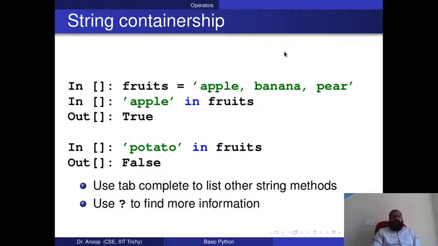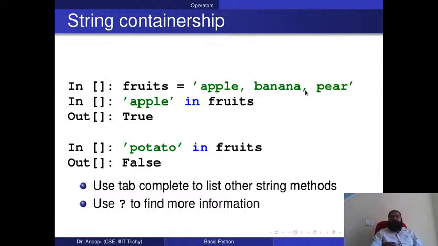You must have now understood how to read this, right? There is an input and then there is an output. In the first input we have fruits. Fruits is an identifier that we have used for a variable called fruits, which is going to contain a string. Apple, banana, pear, all enclosed in single quotes, is a string.